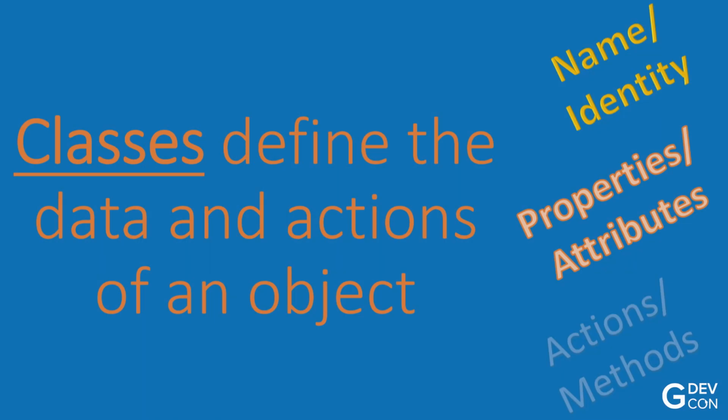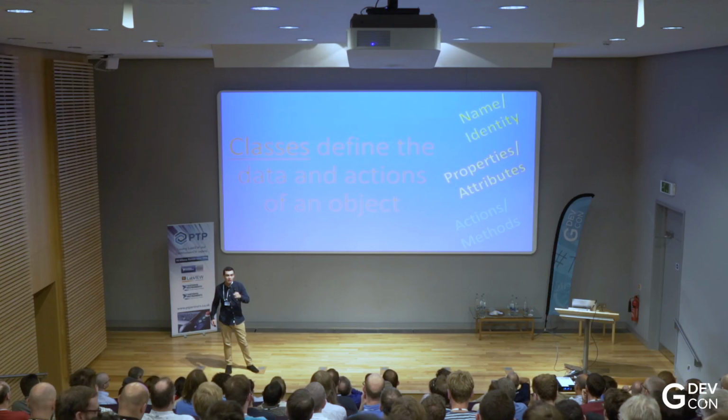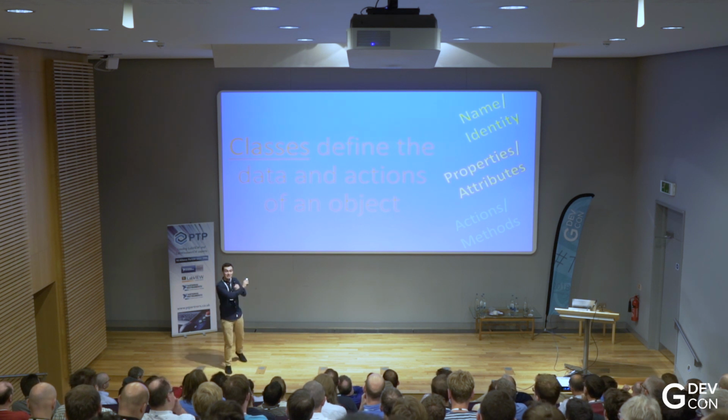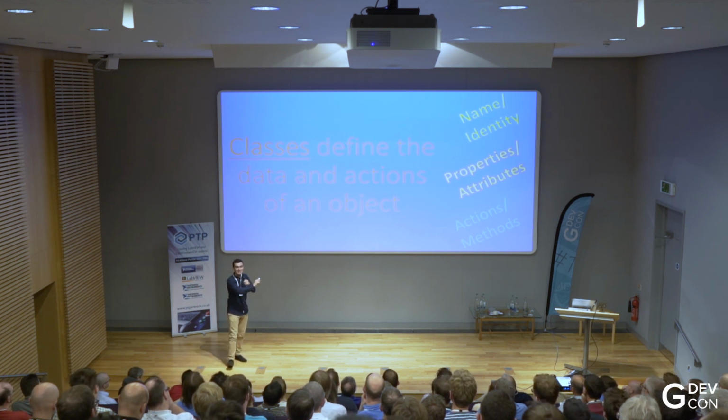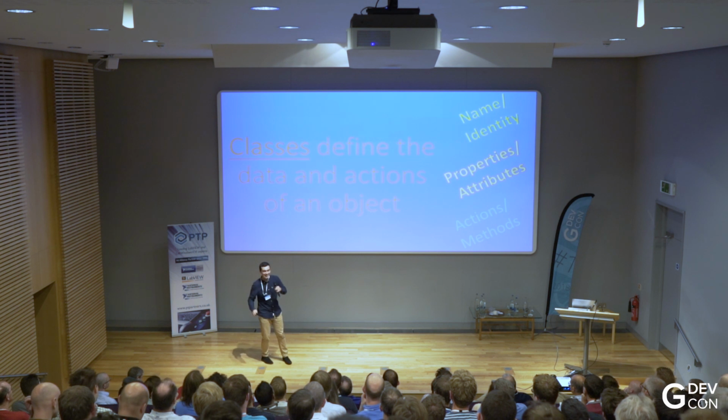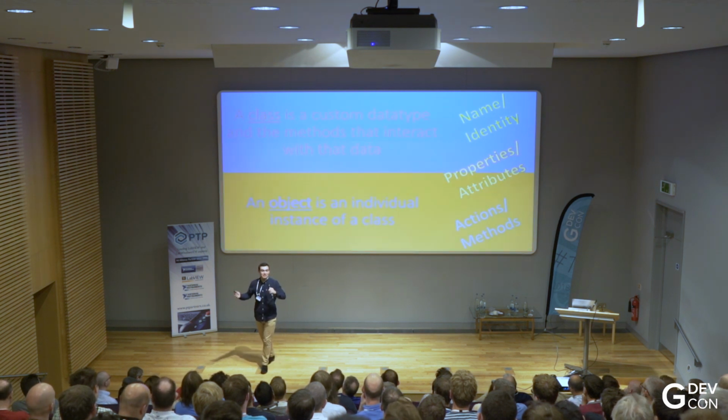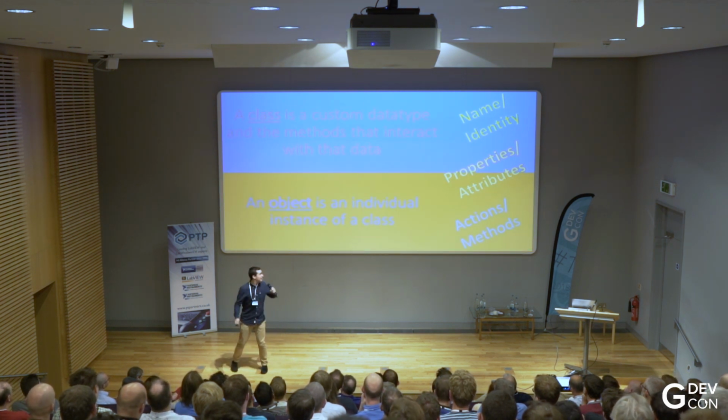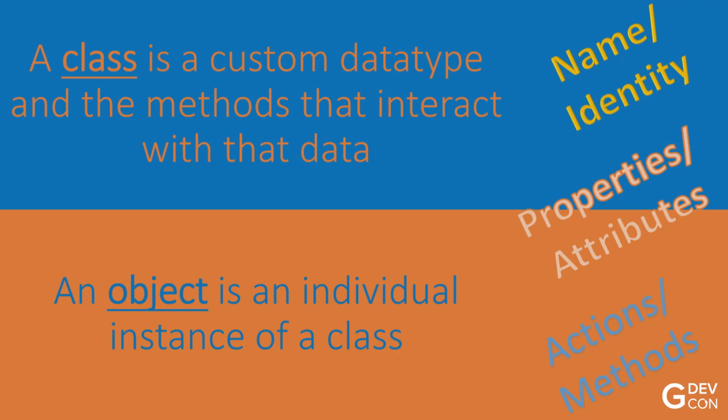So classes can define the data and the actions of an object. I must admit, I didn't expect the screen to be this big, so I'm sorry if this is hurting your eyes a bit. Okay, another definition we could give this is that a class is a custom data type and the methods that interact with that data, then an object is an individual instance of a class.